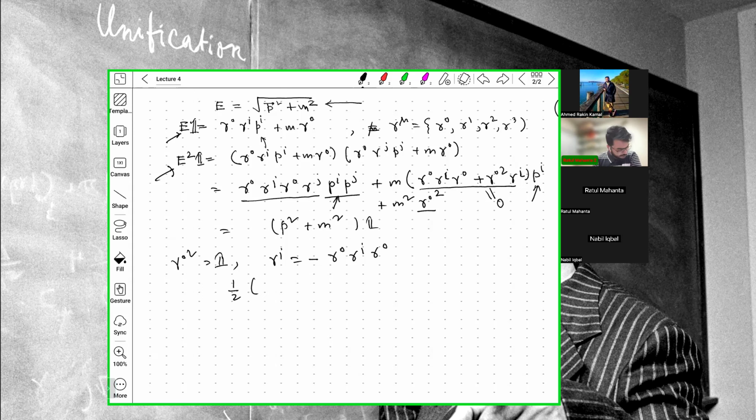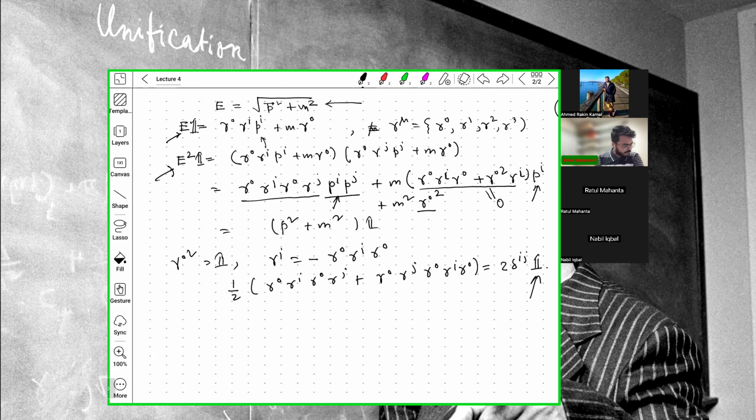So it is gamma i, gamma j, plus gamma j, gamma i, equals 2 delta ij, times identity. I will not write this identity very often; just assume it is there, because these gammas are matrices.